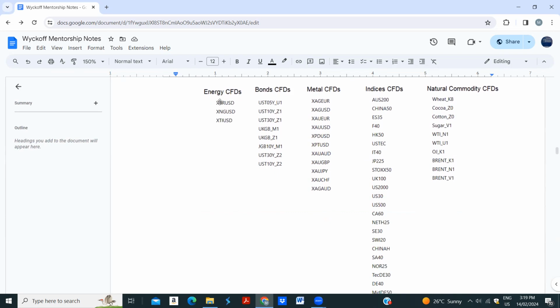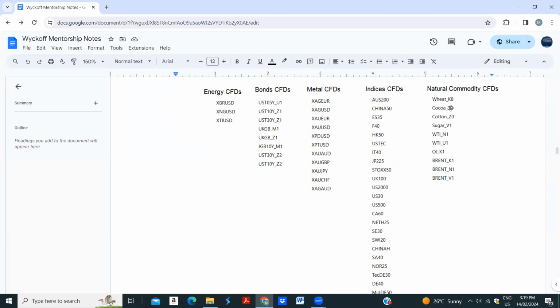Yeah, we have energies like XBRUSD, XNGUSD, which is the natural gas and US dollar, XTIUSD, which is oil basically. Then we have bonds, we have metals, we have indices, and we have the natural commodities as well, like wheat, cocoa. Like wheat, the value of wheat is compared with the US dollar.